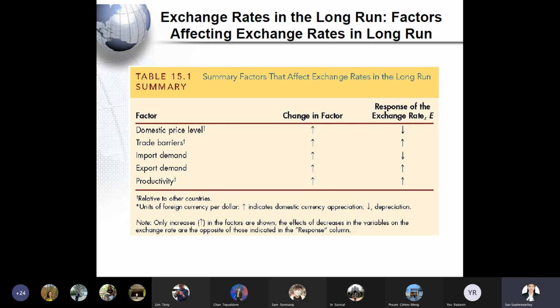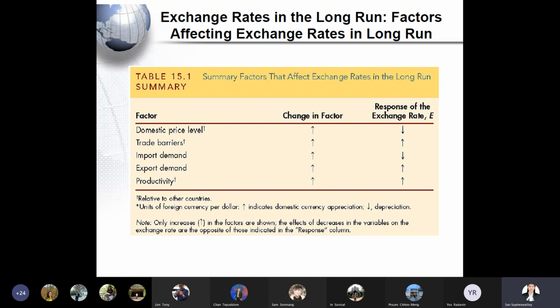So this is just the summary of the factors that affect the exchange rate in the long run. When the domestic price level is increasing, the response of the exchange rate is depreciating. When trade barriers are increasing, the exchange rate of the country is appreciating.